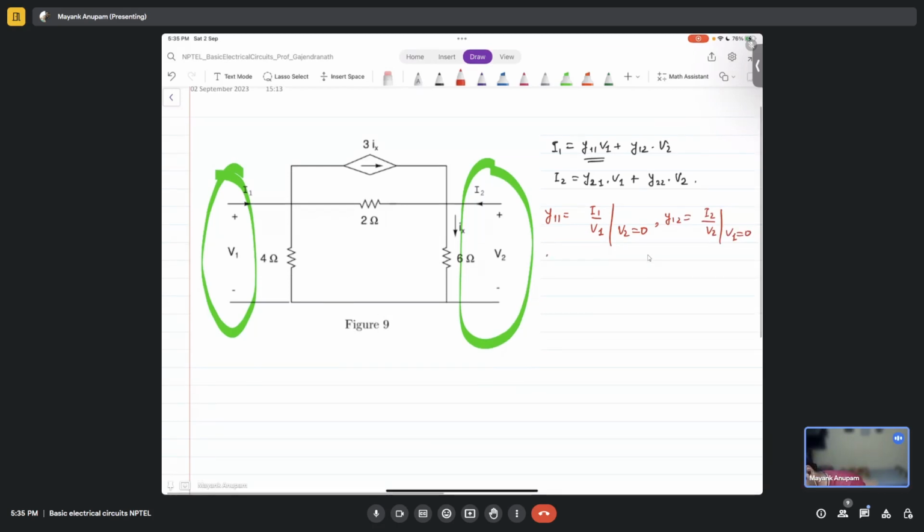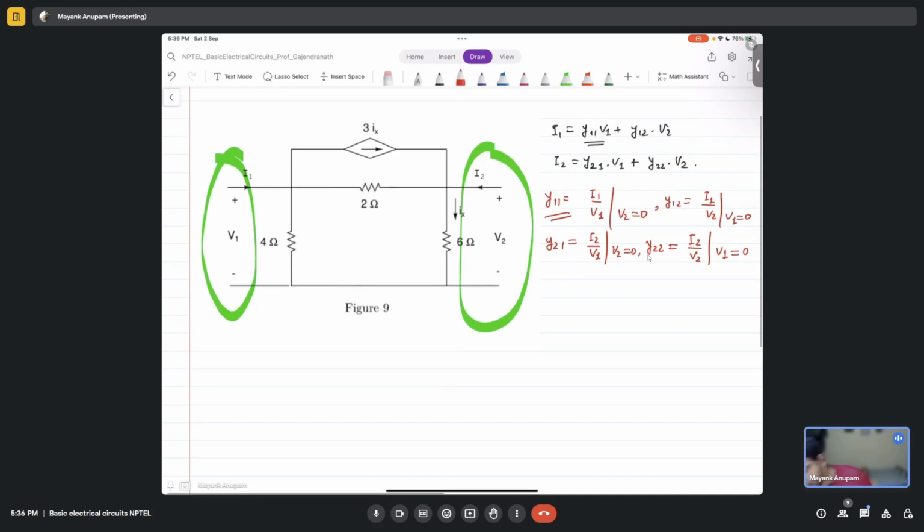Yes, sir. Similarly, what is y21? I2 upon v1 when v2 is equal to 0, and what is y22? It's I2 upon v2 when v1 is equal to 0. So tell me, how will I find out y11? What is meant by v2 being equal to 0?